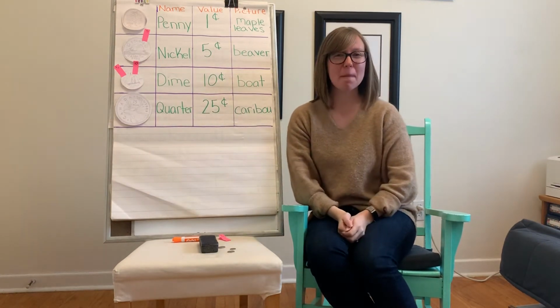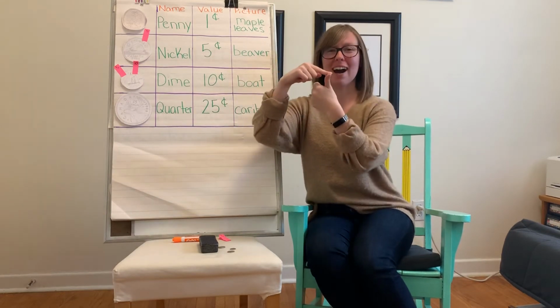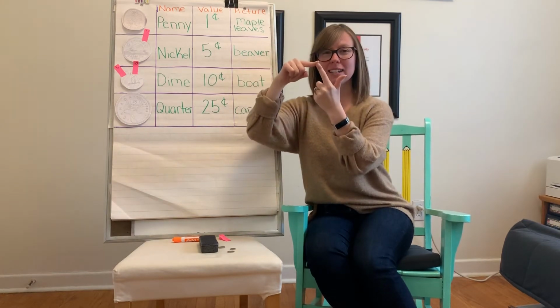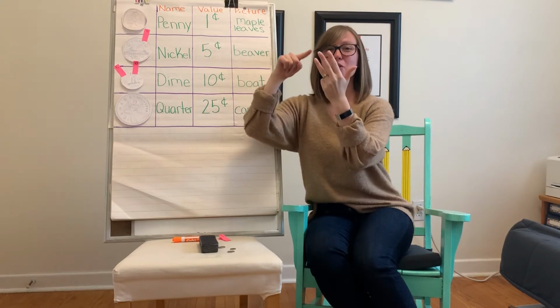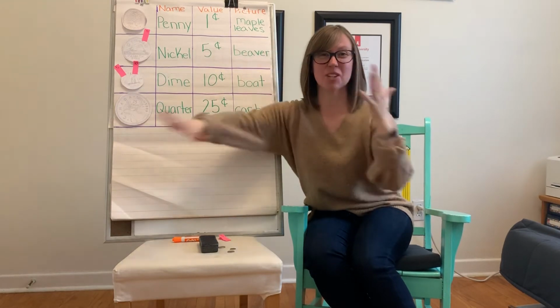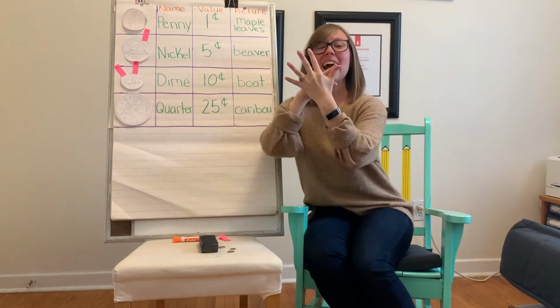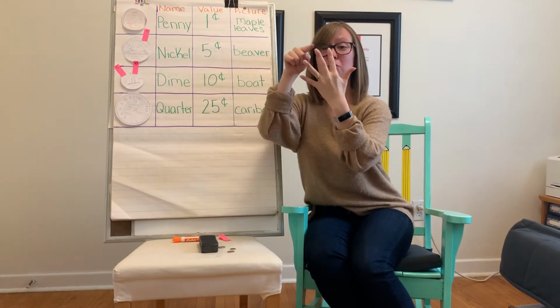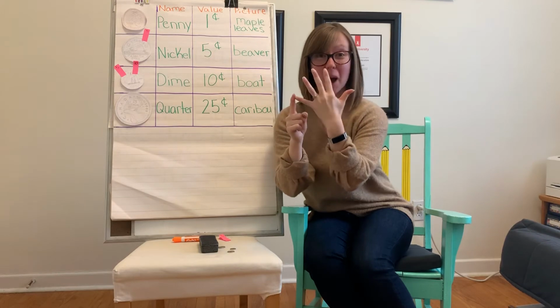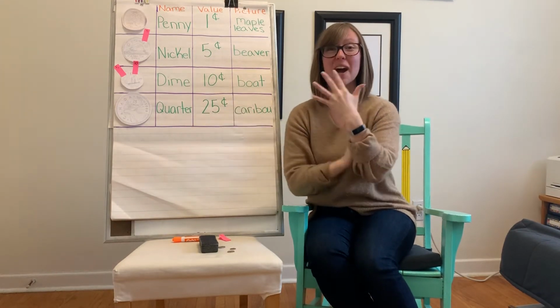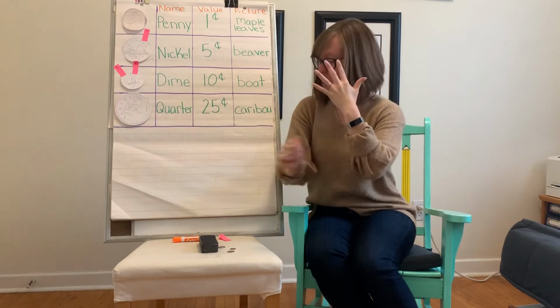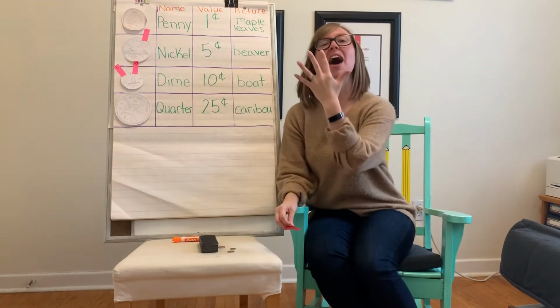So we're gonna skip count by fives. 5, 10, 15, 20, 25, stop. We had to count 1, 2, 3, 4, 5 times before we reached the value of 25 cents. That means a quarter is going to have 5 hairs on it.